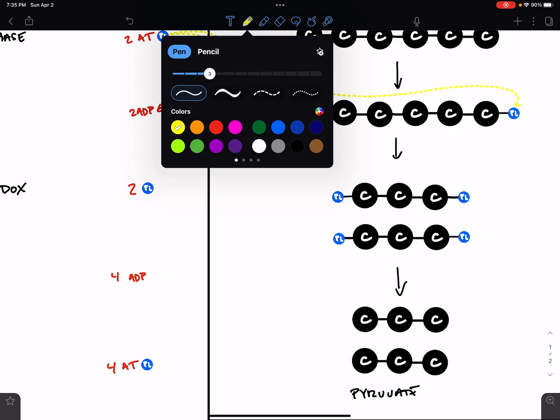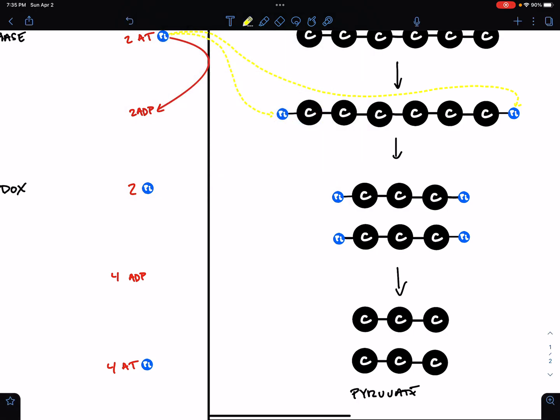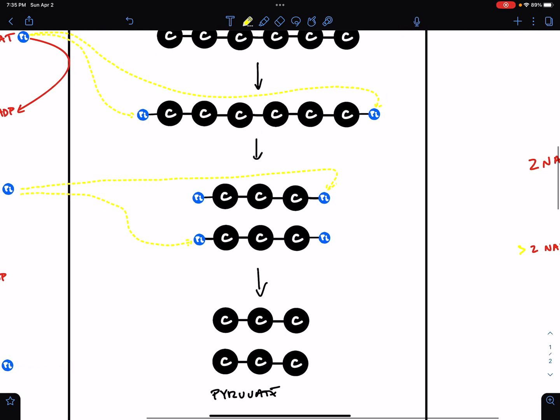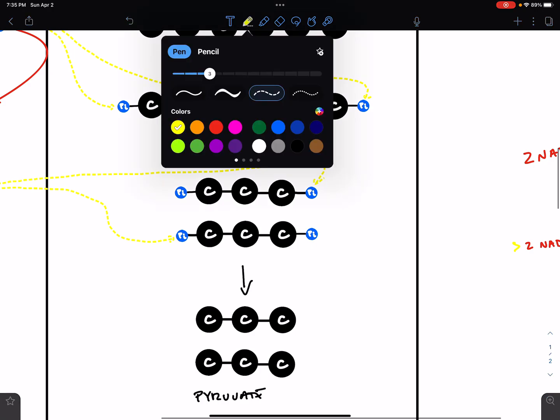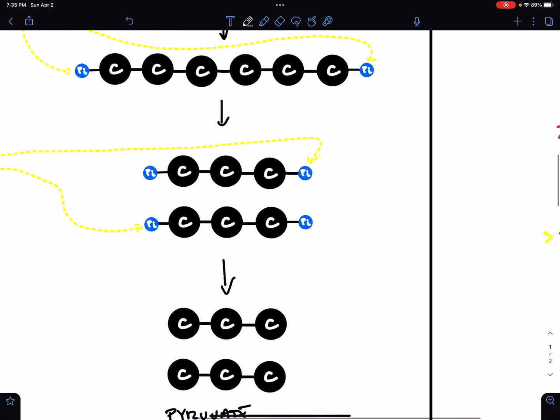There are just 2 free-floating phosphate groups in the cytoplasm, and we're going to add 1 here because we've broken up this carbon molecule. Adding this phosphate charges it up, so we can break it in half. Now we add another phosphate here, and another, and now we've got 2 very high energy 3-carbon molecules.